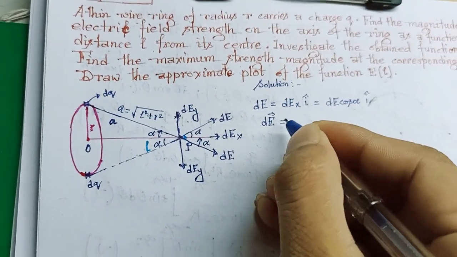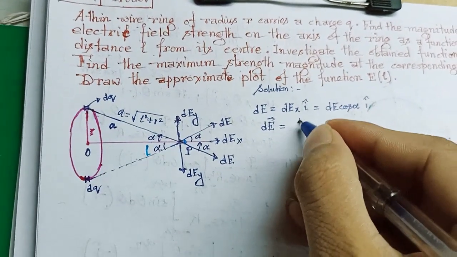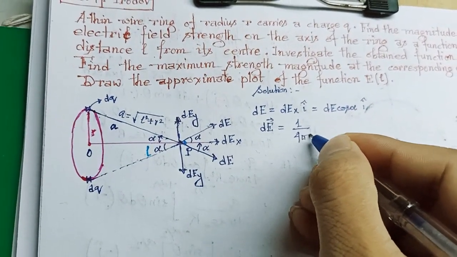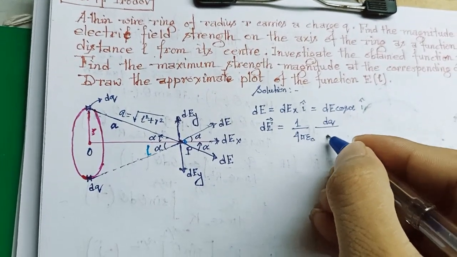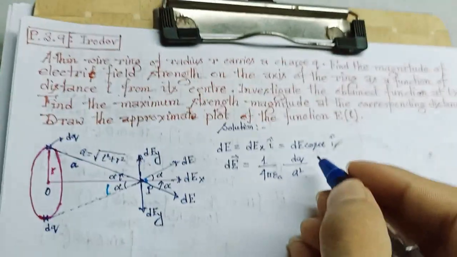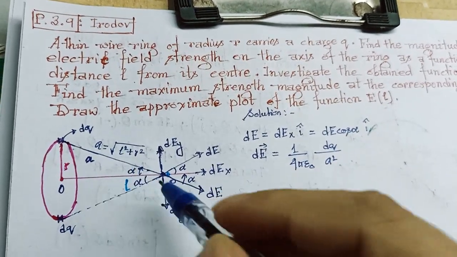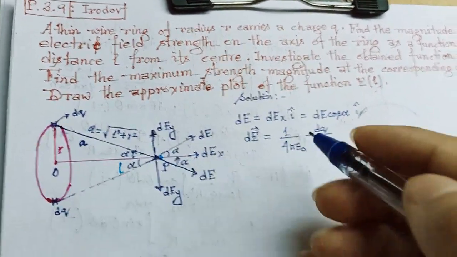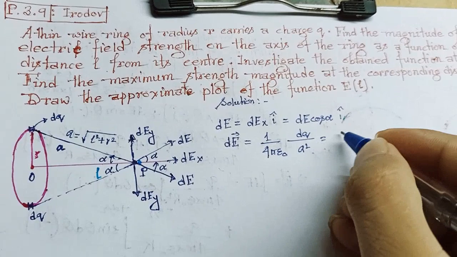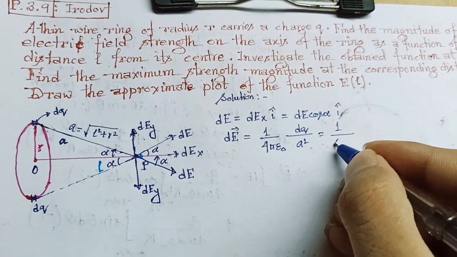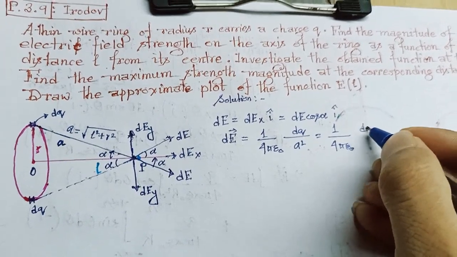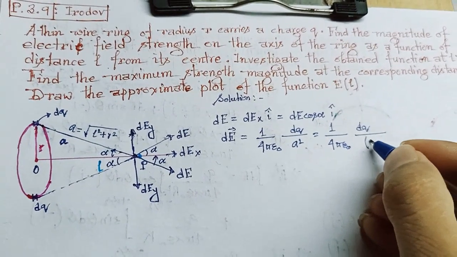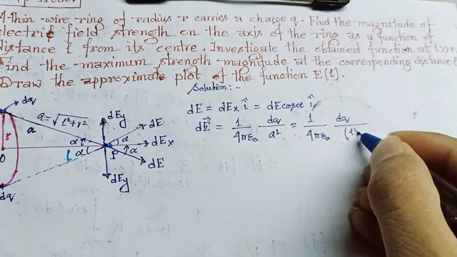The electric field due to the small charge dq will be 1 by 4 pi epsilon naught into dq divided by a square. Now from this figure, a equals root under L square plus R square. After putting this value, we get dE equal to 1 by 4 pi epsilon naught into dq divided by L square plus R square.